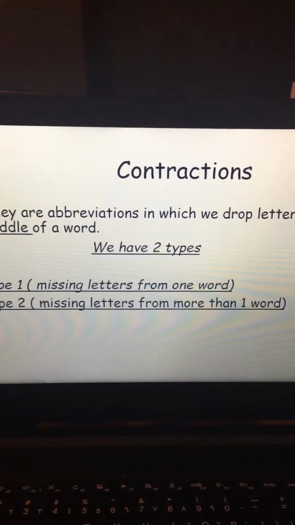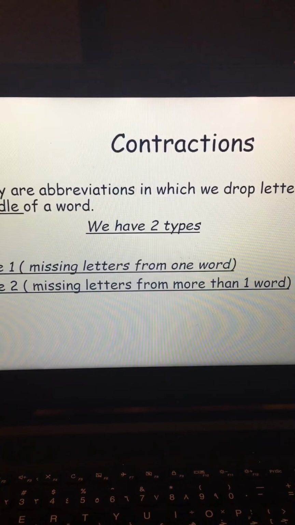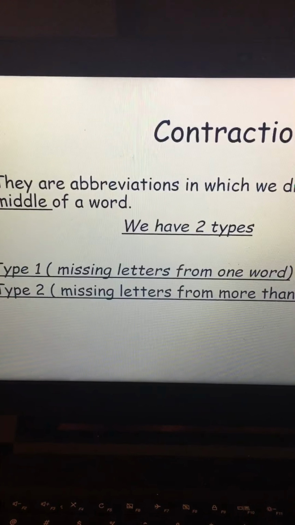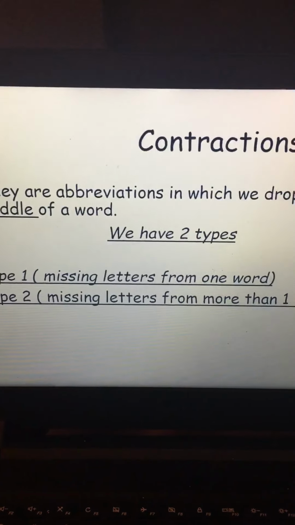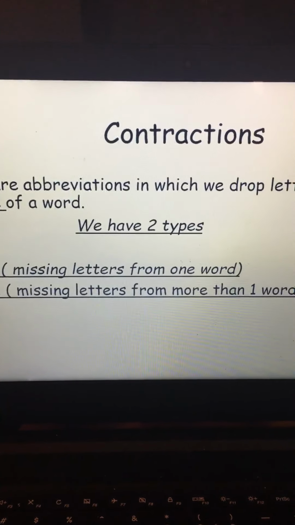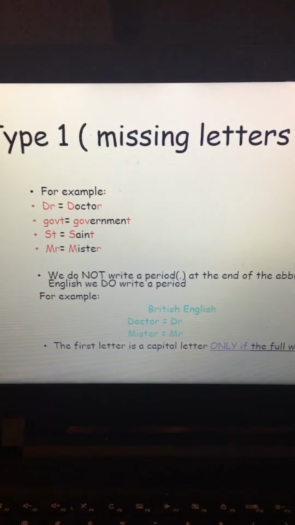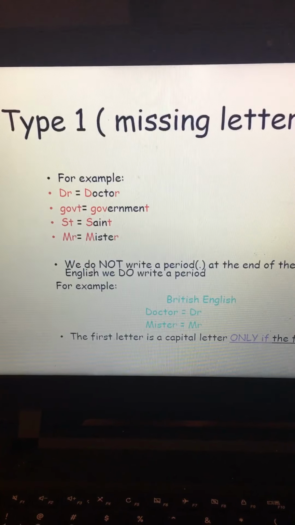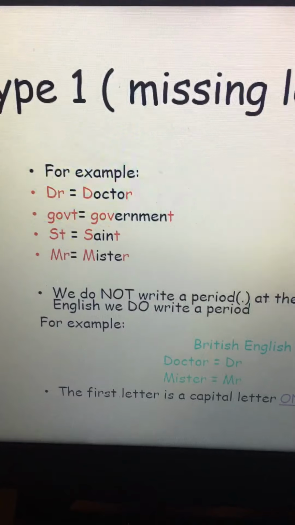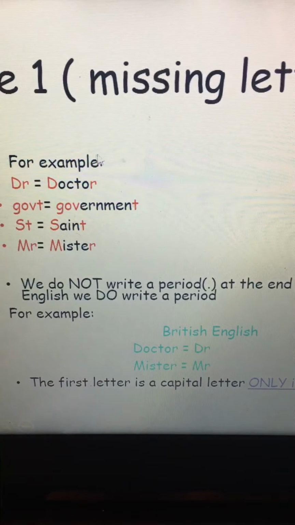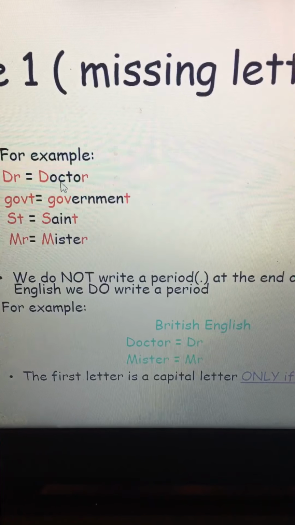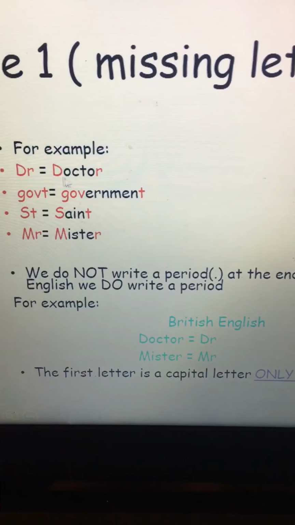Contractions. Contractions are abbreviations in which we drop letters from the middle of a word. Our main concern is type number 1, missing letters from one word. As you can see in the examples here, we have dropped the letters in the middle.